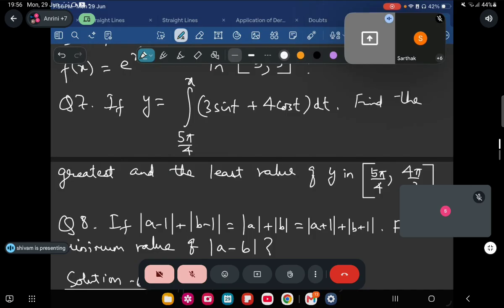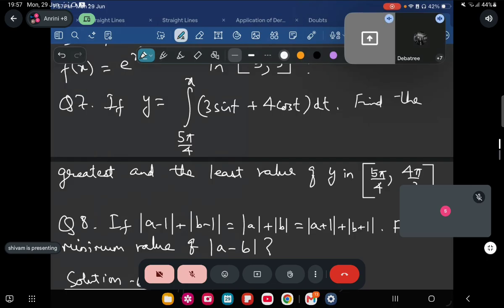Yes, Devang, your answer is correct. Devatri, you need to find out the least value in 7. Sir, I sent the greatest value is 0.